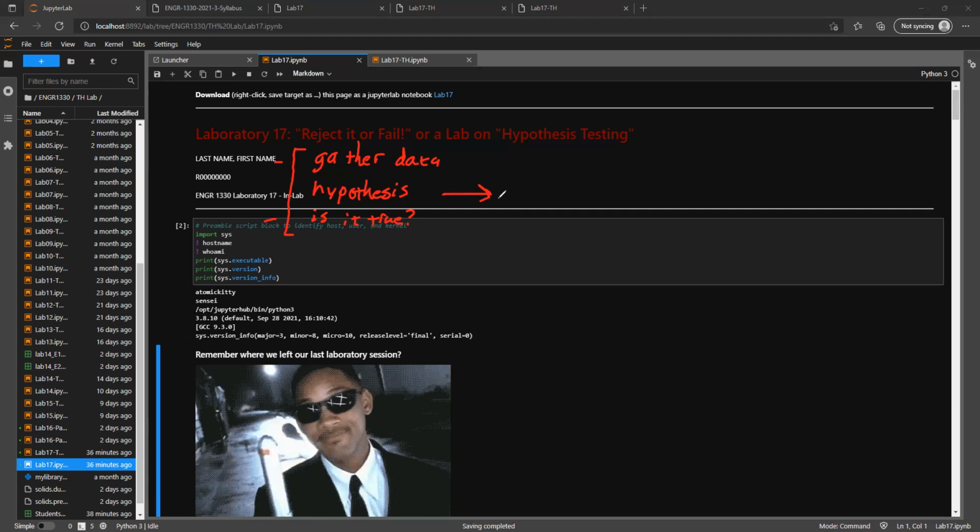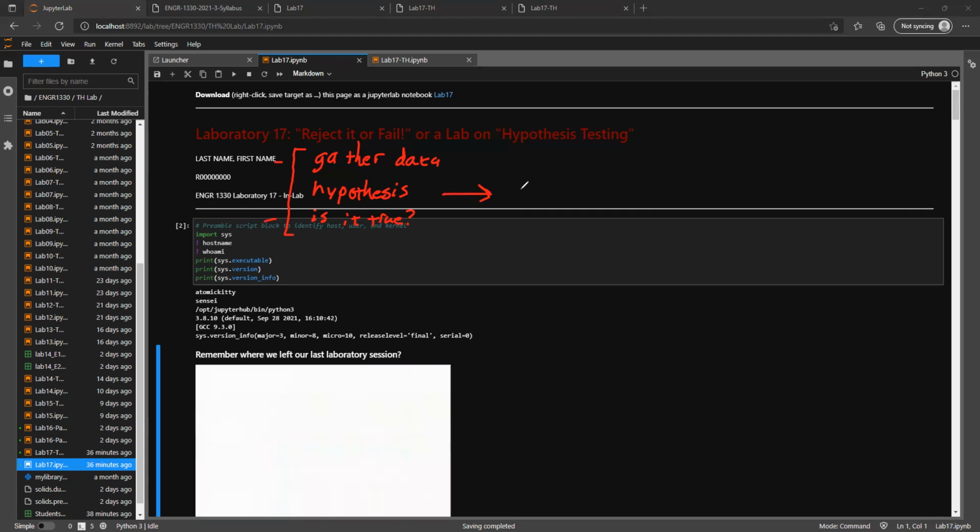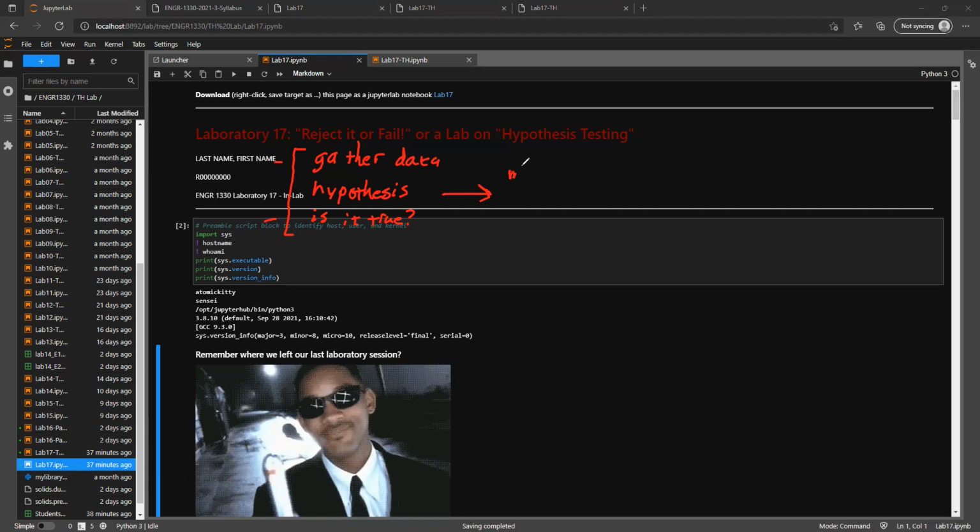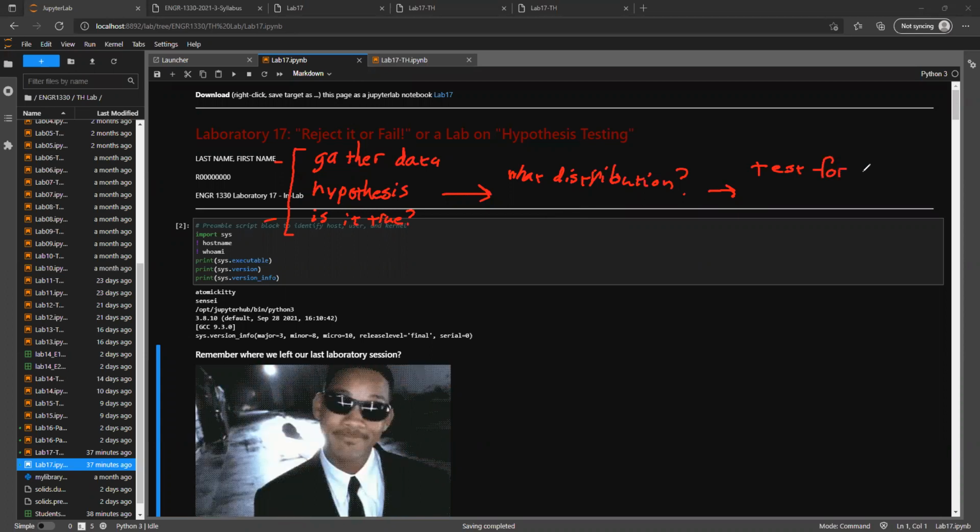And the next step, we need to figure out what distribution our data looks like. So why do we care what distribution our data looks like? Well, that's where the black box part comes in, because we have tests for our distribution.